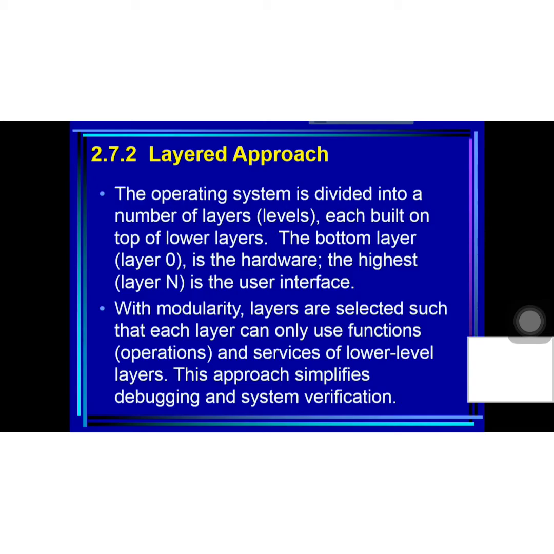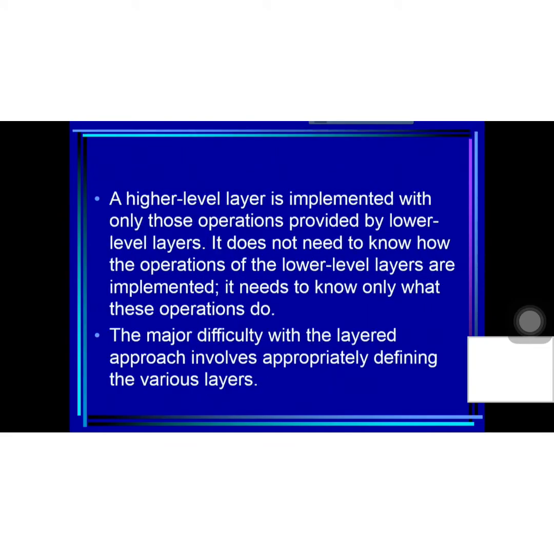A typical operating system layer, say layer M, consists of data structures and a set of routines that can be invoked by higher-level layers. Layer M in turn can invoke operations on lower-level layers.